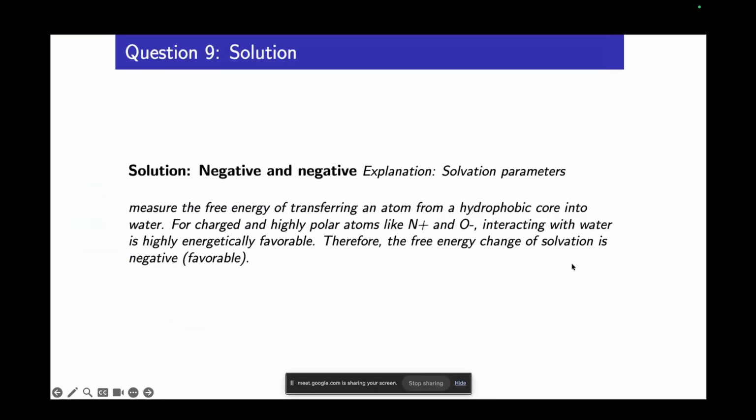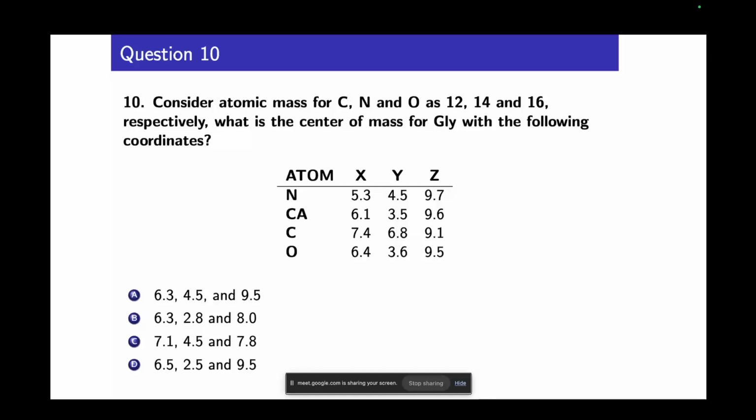So the idea is that it easily mixes with water. So the mixing with water, the solubility in water, is favorable. So you have negative energies for both nitrogen and oxygen. Yeah, it is favorable. This is a simple numerical, I think, you can attempt.